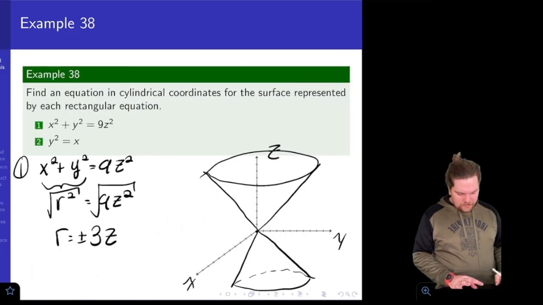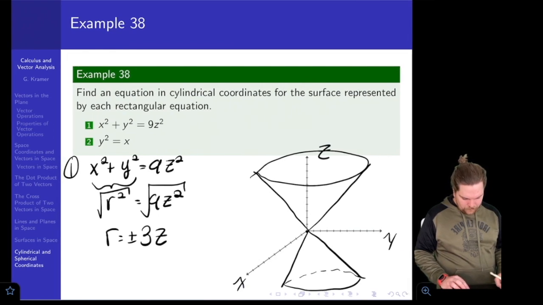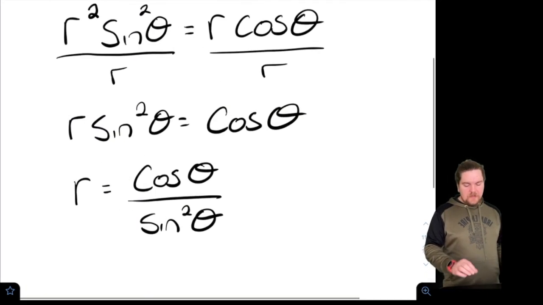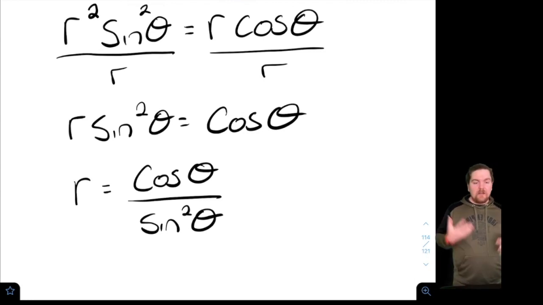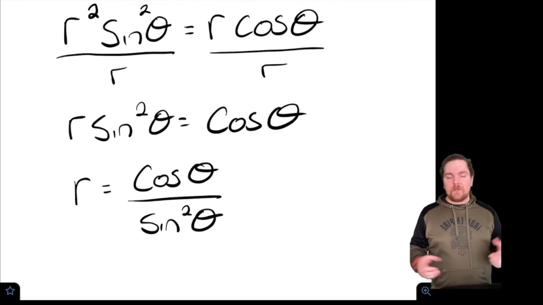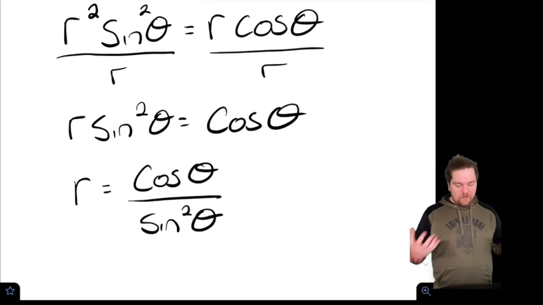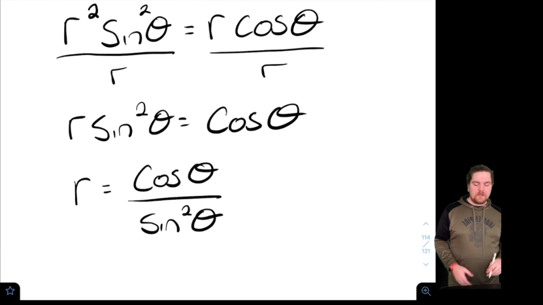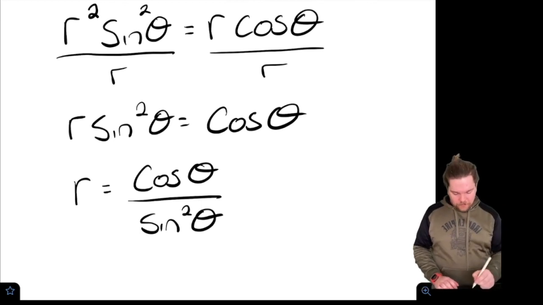Now that I'm looking at this, this is actually something that we're not going to be able to graph. We could use a graphing utility or a graphing calculator, something like GeoGebra or the 3D calc plot, but by hand, we're probably not going to be able to graph this expression here. So since all we were asked to do was find an equation of the surface in cylindrical coordinates, we've essentially done that, and we could stop this problem right here.